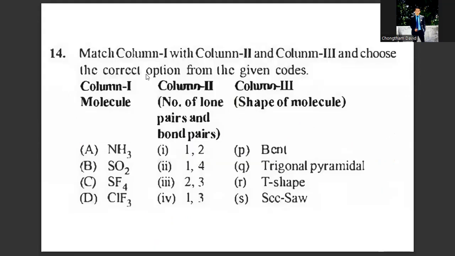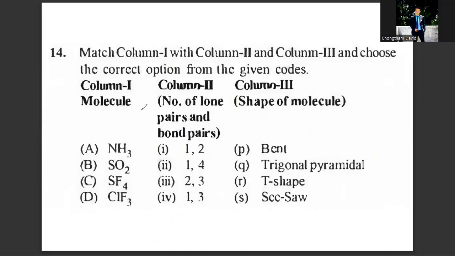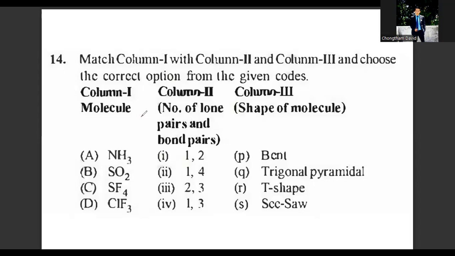Let us match the entries in column 1 and column 2. In column 1 you have the molecule, in column 2 the number of lone pairs, and the shape in column 3. So let us pair them up. Ammonia would have 3 bond pairs, trigonal pyramidal.